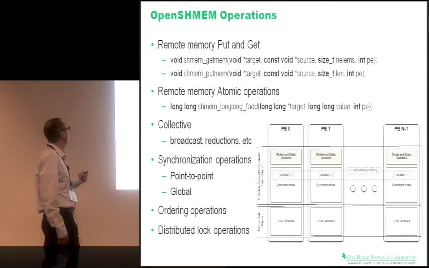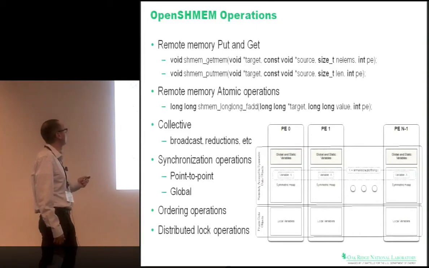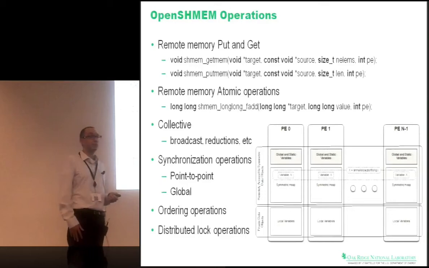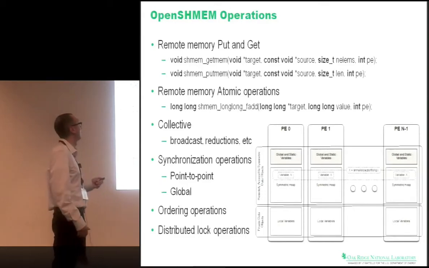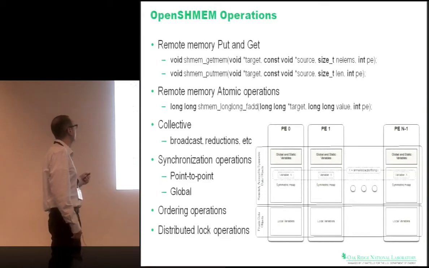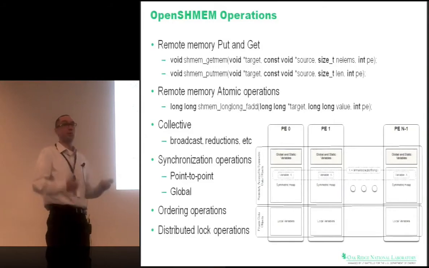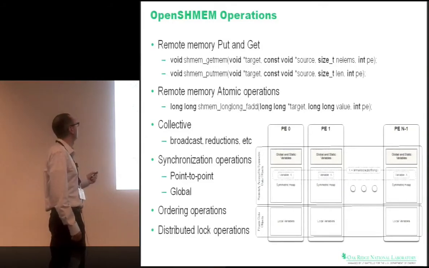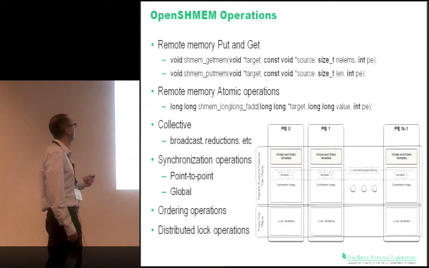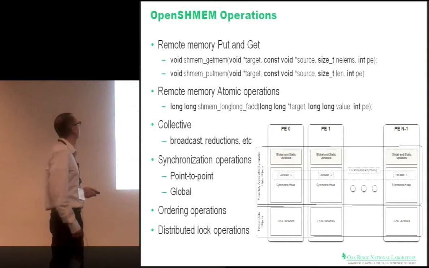Here are two examples, one for get: you specify the target address, the source address from where you read, the size, the number of elements, and the index of the PE from where you get the data. Put is very similar, but works in the opposite direction. You put memory to the target from the source, with the size and the destination PE.